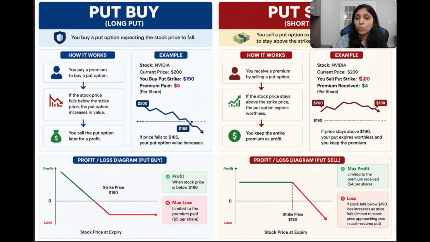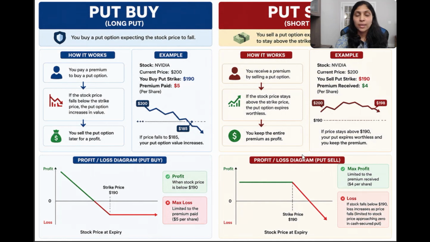Imagine you take this contract at the 190 strike price, but after a week NVIDIA ends up going down to 150. Then you have to buy at 190 only, and there you will be at a $4,000 loss. This is where the loss is unlimited, because we don't know how far it can go down. So that is where you have to be very careful.